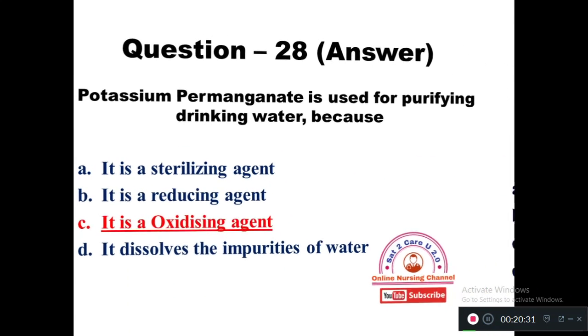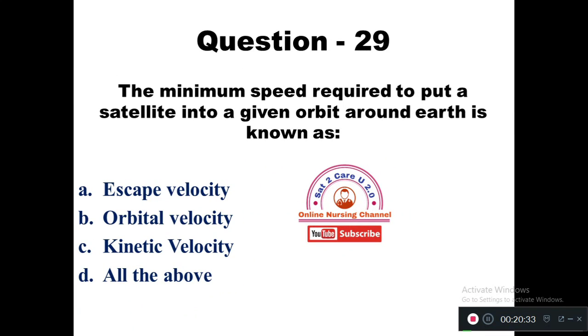Question number 29. The minimum speed required to put a satellite into a given orbit around Earth is known as A. Escape velocity, B. Orbital velocity, C. Kinetic velocity, D. All of the above. This is a general science question related to physics.